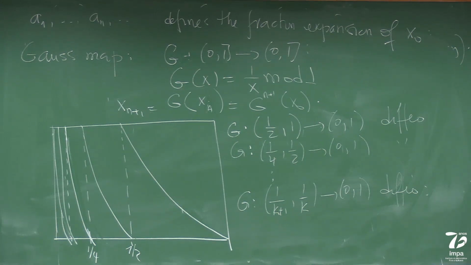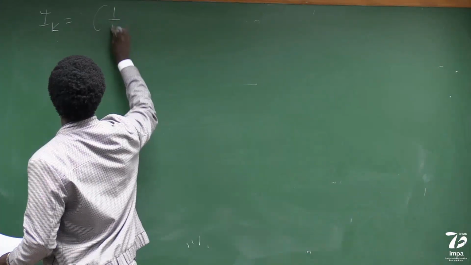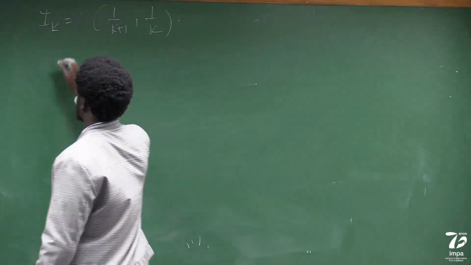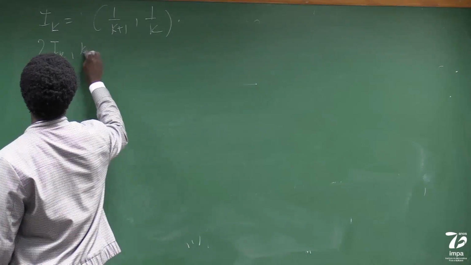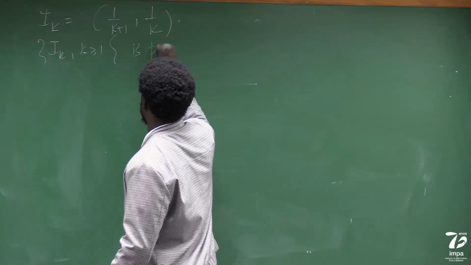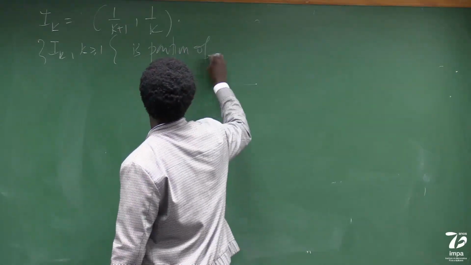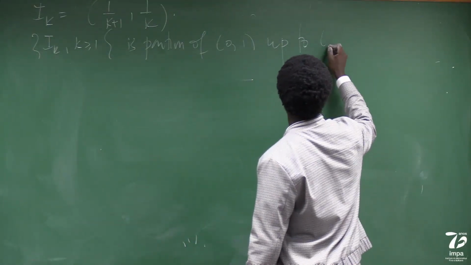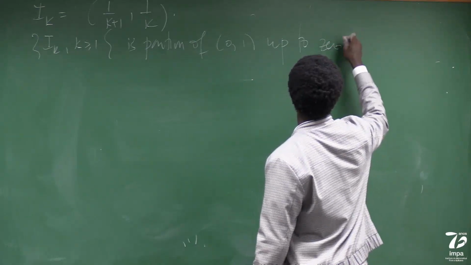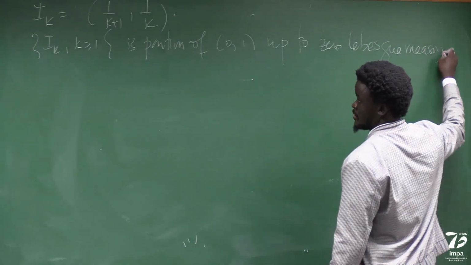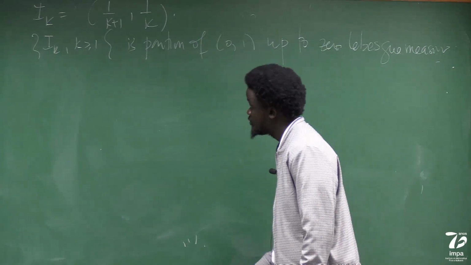So what we have here is that if we define Ik to be 1 over k plus 1, 1 over k, this is a partition of 0, 1 up to Lebesgue measure 0, okay?